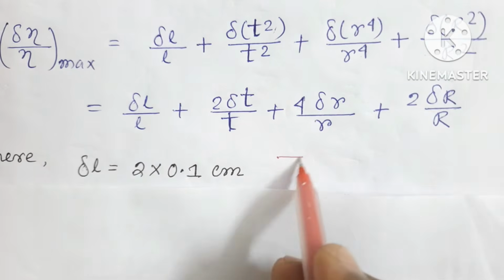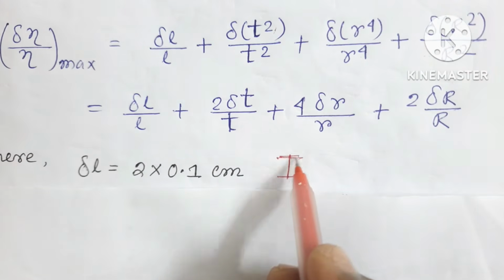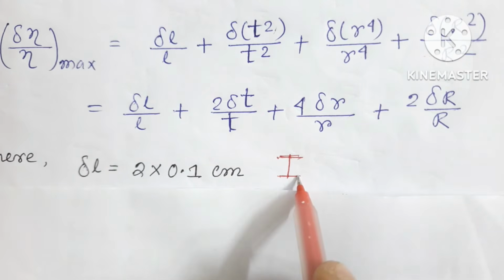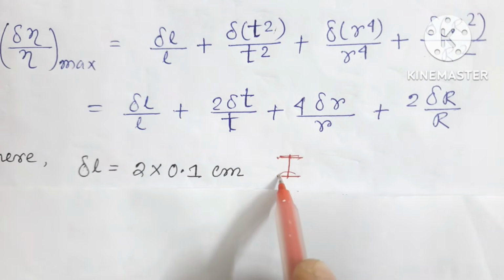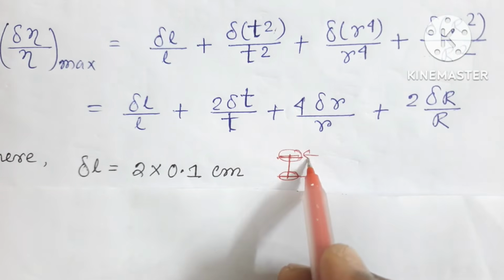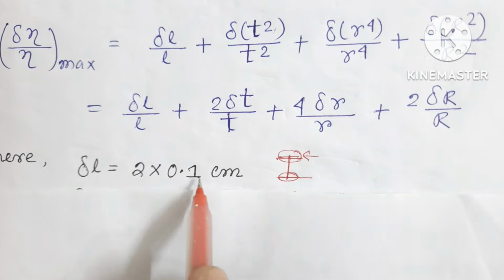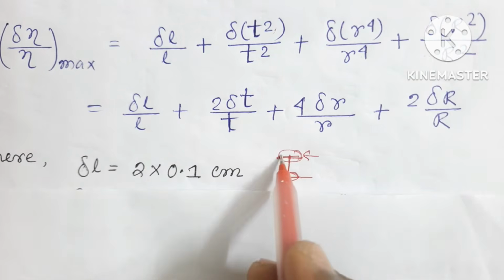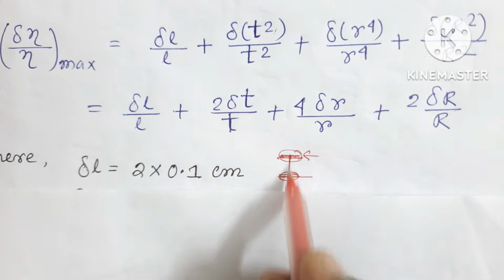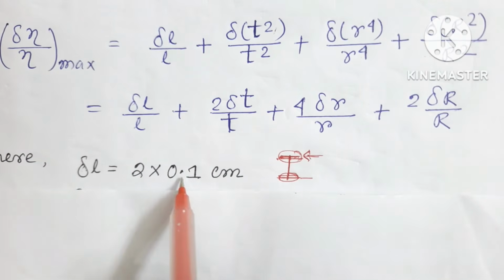When we are measuring some length, it is the difference between two points, so the error may come from this end and this end also, right? So the error will be 2 into 0.1 centimeter, because this length is the difference between two measurements, and for each measurement the smallest division is 0.1 centimeter.